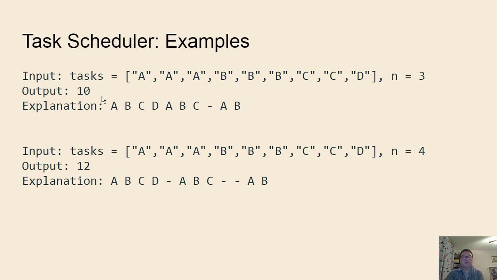For example, here our scheduling can be viewed as creating a block of size 4, and inside the block we put all the frequent ones. We will create a block of size 4 and fill A, B here, then another block of 4 with A, B, and then another block with A, B. After that, the rest of them we will just fill in.